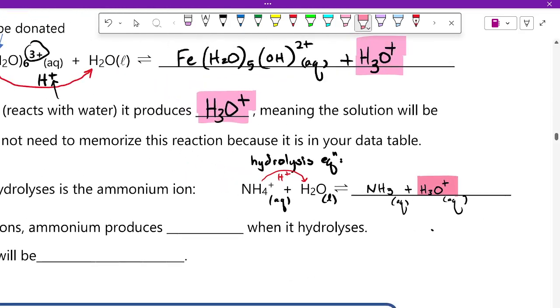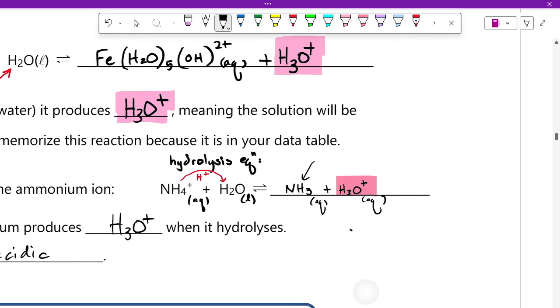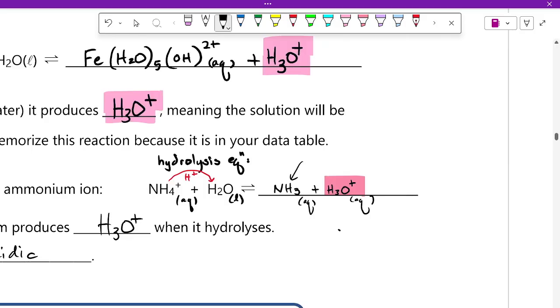Since it produces H3O plus, it will be acidic. Sometimes people are like, oh, it made a base. NH3 is a base. It must be basic. No, no, no, no, no. Whatever it produces in terms of hydronium or hydroxide tells you whether it is acidic or basic. Every time you have an acid, it produces its conjugate base, right?